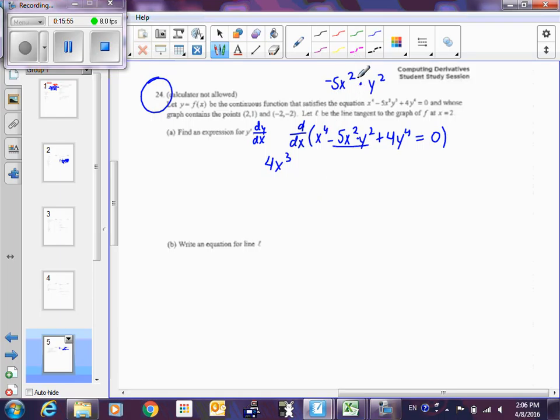So with product rule, remember you got to take derivative of the first piece times the second piece plus the first piece times derivative of the second piece. And when you take derivative of y squared, you get 2y times, do you remember? dy over dx.